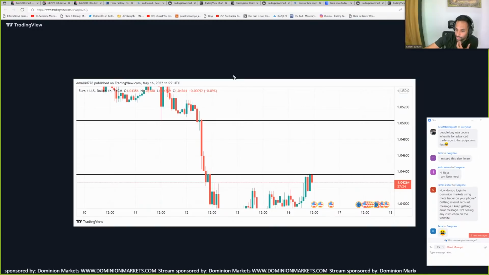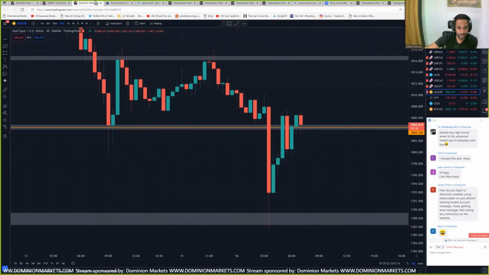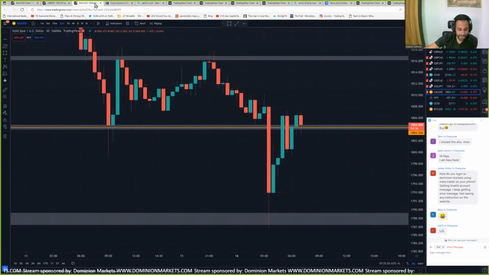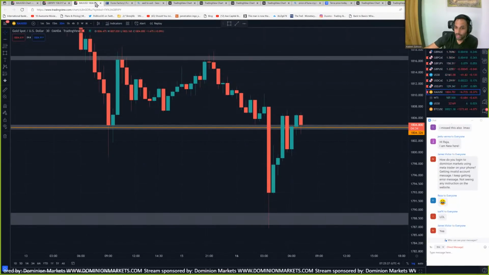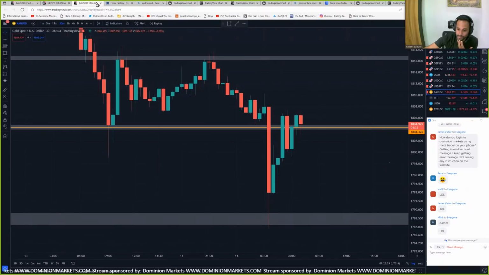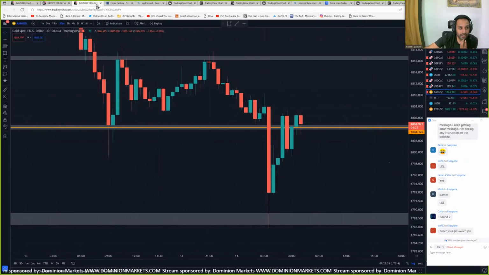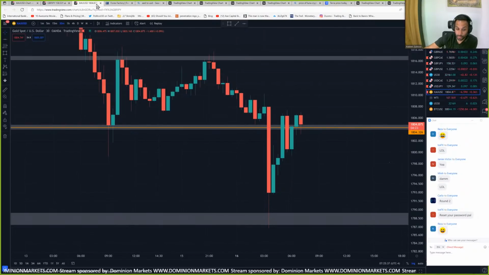How do you log in to Dominion Markets using MetaTrader on your phone? I keep getting an invalid account message, and I'm not seeing any instructions on the website. First, get your MT5, download MT5.